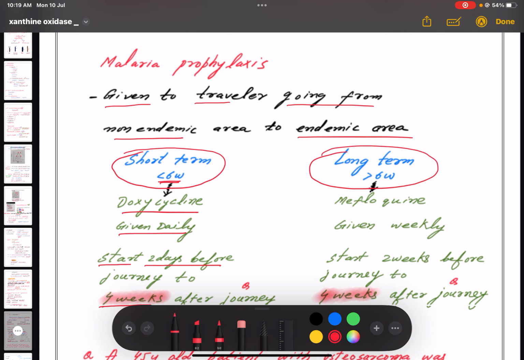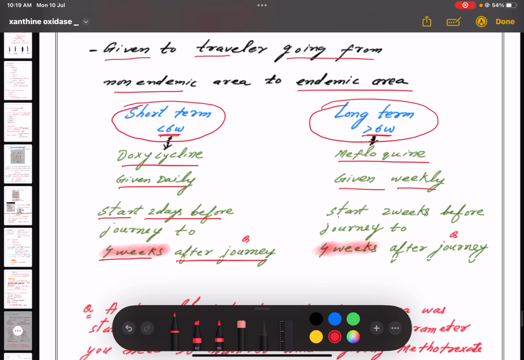If the stay of a patient is more than 6 weeks in the endemic area, then we have to give mefloquine, which is given weekly, and it is started 2 weeks before journey to 4 weeks after the journey. I hope this is clear.